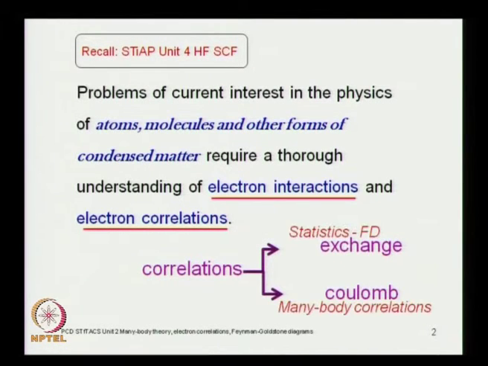Now the exchange correlations come from statistics. Exchange correlations are because of the fact that electrons are Fermi particles, Fermi-Dirac particles, and the statistics they must observe is the Fermi-Dirac statistics, and that requires that a many electron wave function must be antisymmetric.